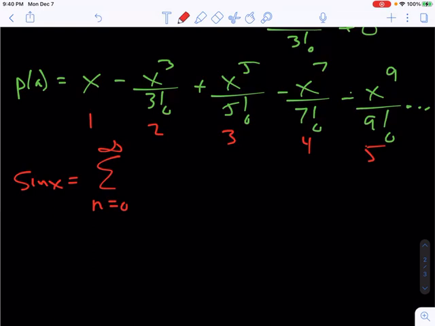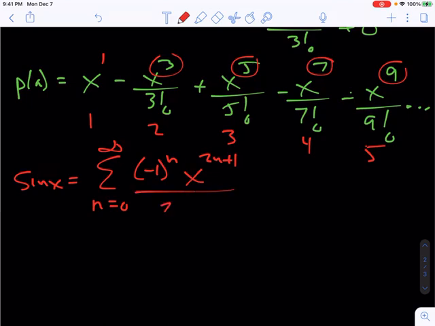And the pattern is, first of all, we have an alternating series. So we're going to have a negative 1 to the n power because we want to start with a positive term. And if you notice, this is the first power, third power, fifth power, seventh power, ninth power. Each term is increasing as an arithmetic sequence. And it just so happens that that arithmetic sequence is 2n plus 1.